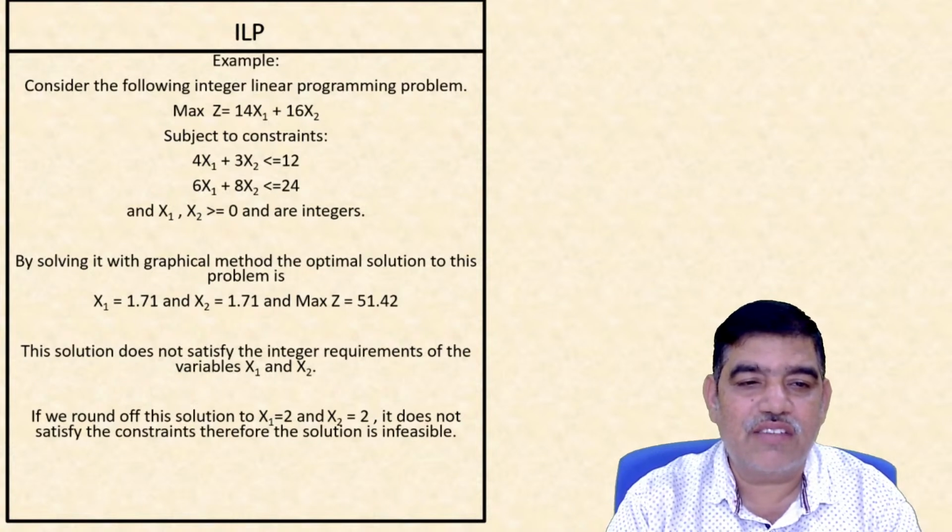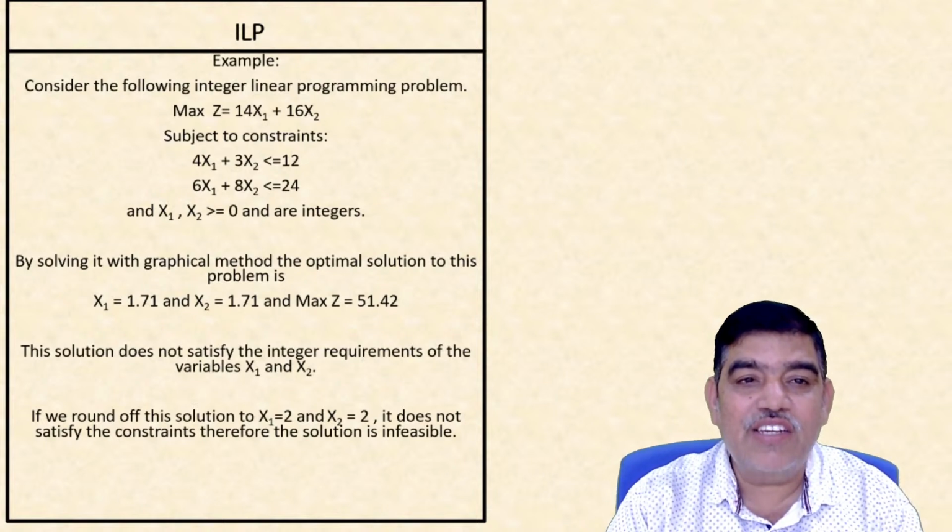The conditional equations are x1 and x2 both greater than or equal to 0. And the special restriction is mentioned here, that x1 and x2 are integers, not fractions. That is the difference between the LPP and the integer linear programming problem.